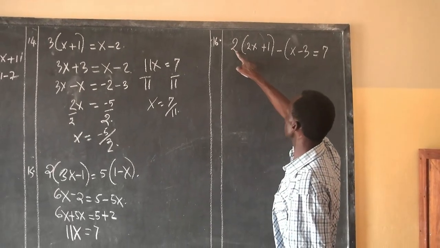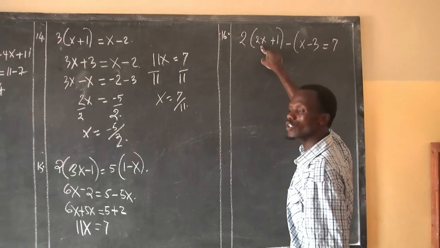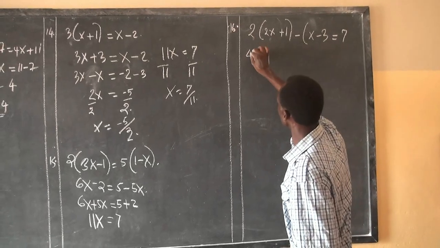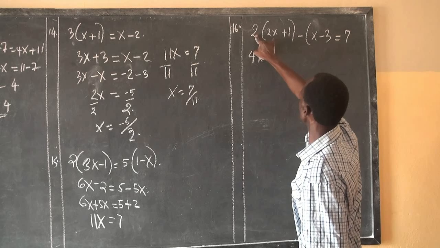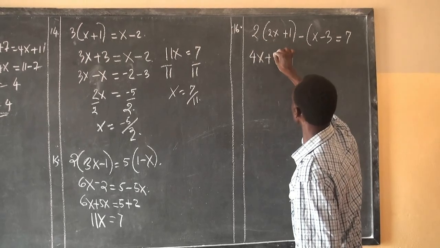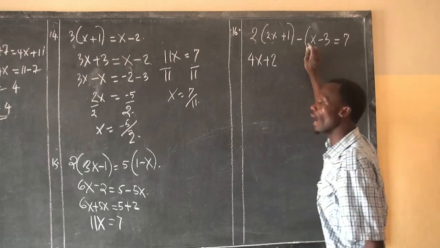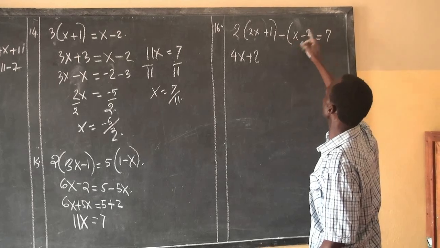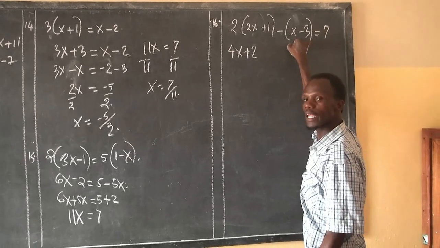Now, this 2 is multiplied to all terms found in the bracket. 2 times 2x, we get 4x. Then 2 times 1 is 2. Now, remember, here there is a negative.